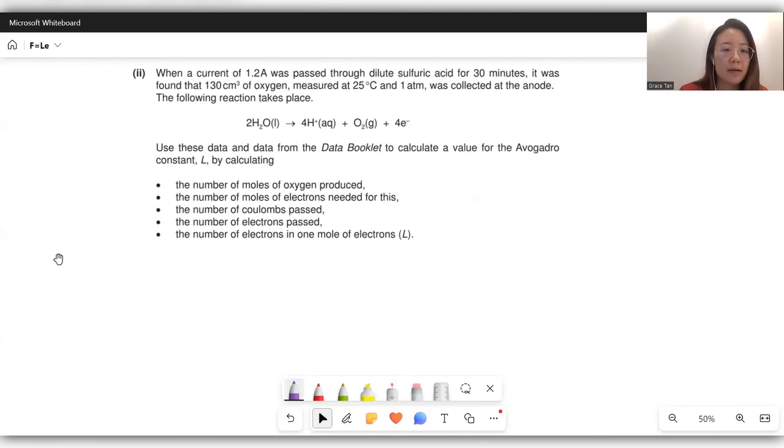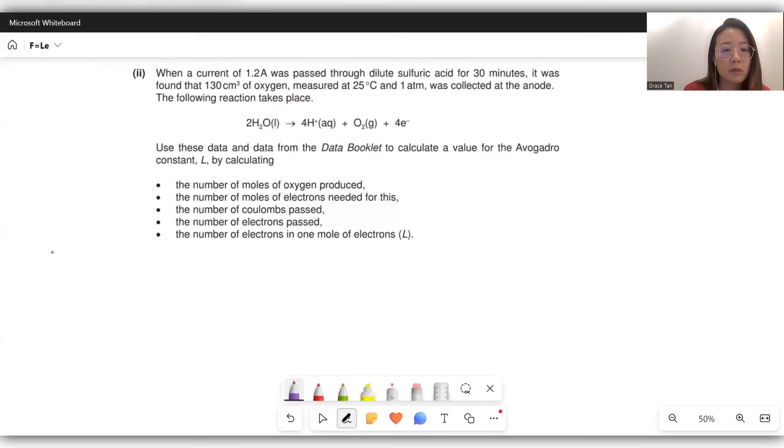Use this data and data from the data booklet to calculate a value for the Avogadro constant by calculating the 5 bullet points. So let's solve one by one. The first one, number of moles of oxygen produced.